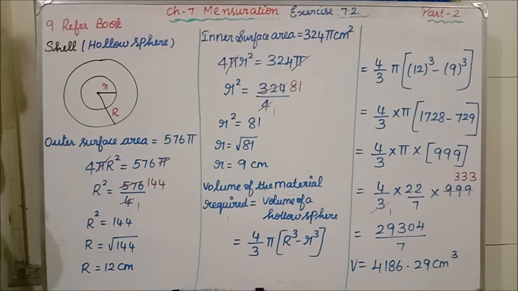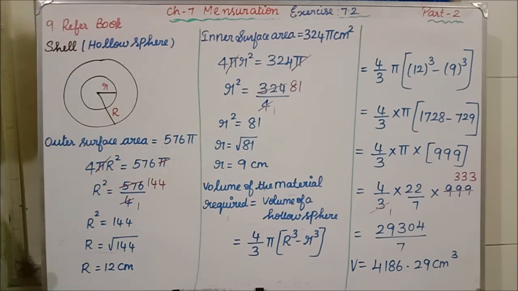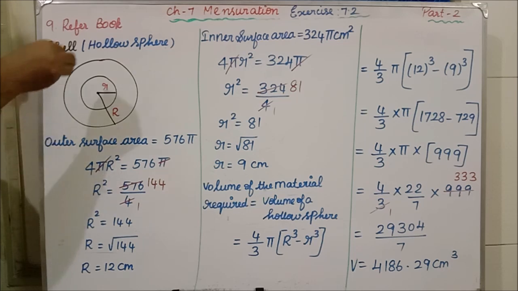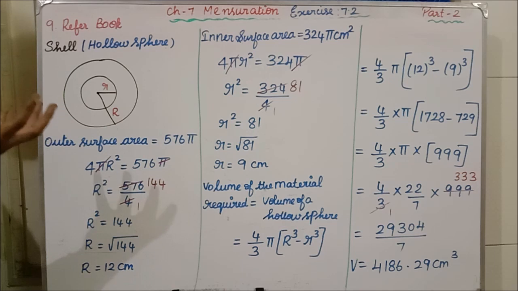Okay, for what reason they have given the outer surface area value and inner surface area value? Since they are talking about outer surface area and inner surface area, the sphere will be what? It is a hollow sphere.